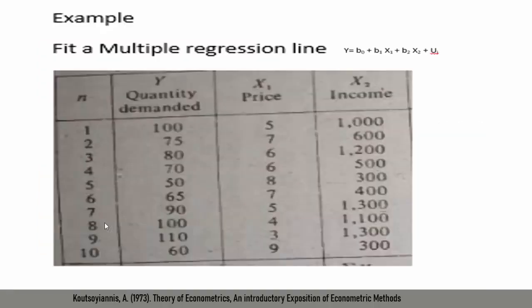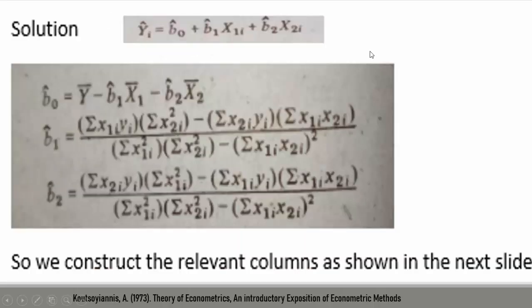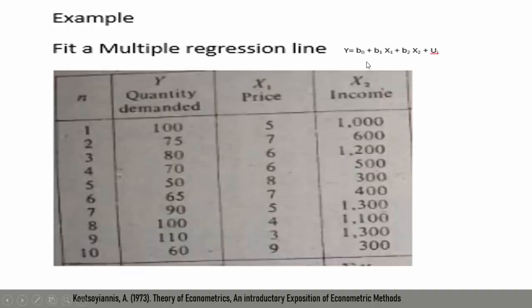For example, let me solve an example. A table is given and you have been asked to fit a multiple regression line y is equal to b0 plus b1 x1 plus b2 x2 plus ui.